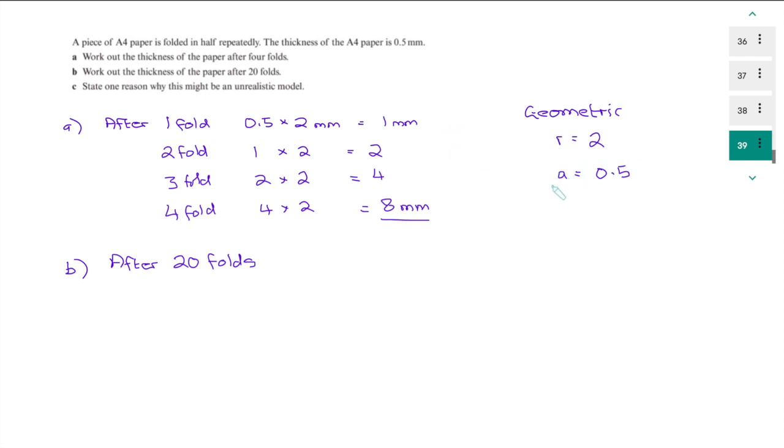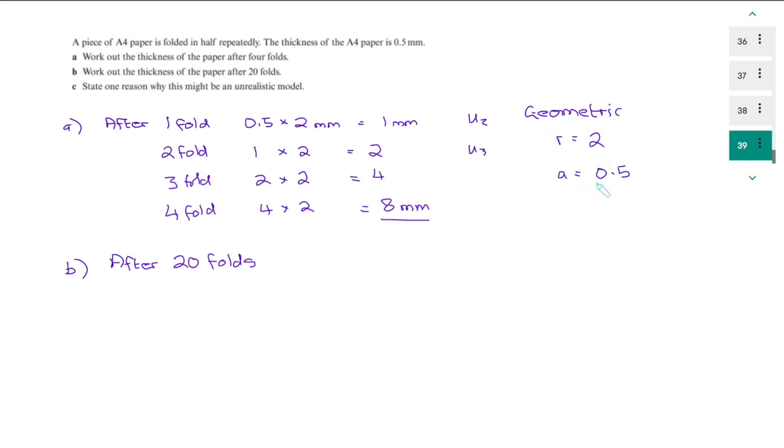If we're going to start with a equals 0.5, this would be u1, okay? Which would make this one, after 1 fold, this would be u2, this would be u3, and so on, okay? So you've got to be very careful. The other way to do it is to say, well, if I want u1 to be after one fold, then you would have to change your starting value, okay? So you have to decide how you're going to define your sequence.